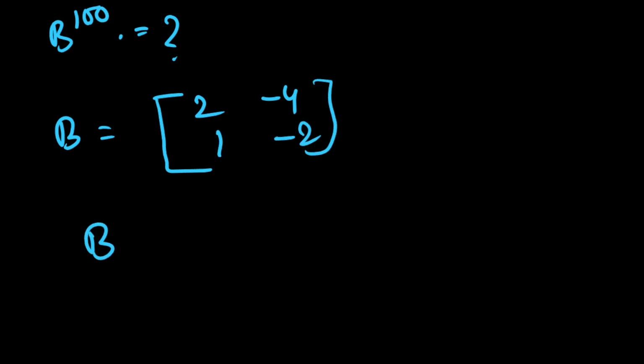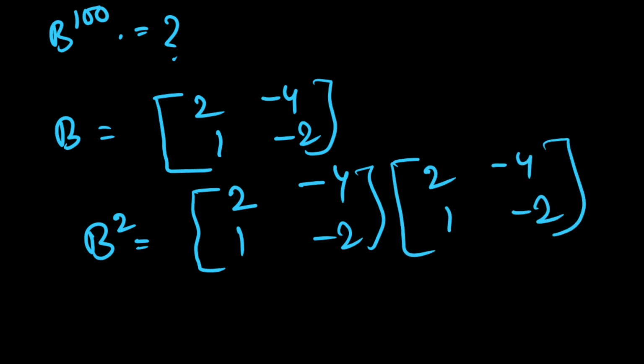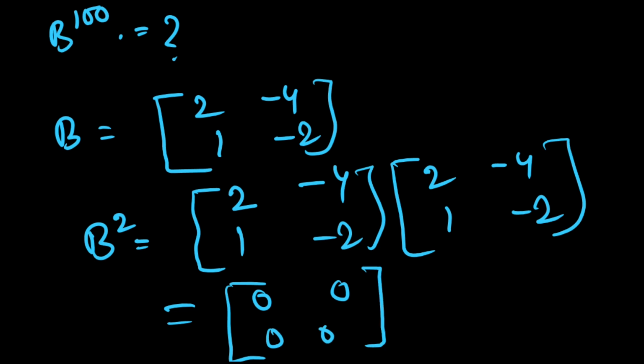Next we check B square, which is multiplied by the same matrix [2, -4; 1, -2]. If we multiply and check, we actually get [0, 0; 0, 0]. So B square is equal to 0. B cube is B square times B, which is equal to 0.